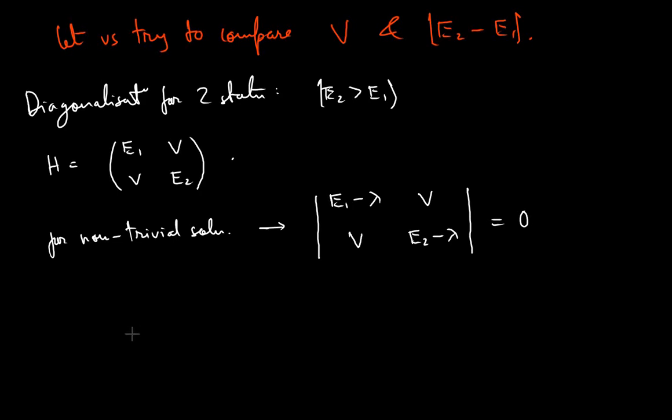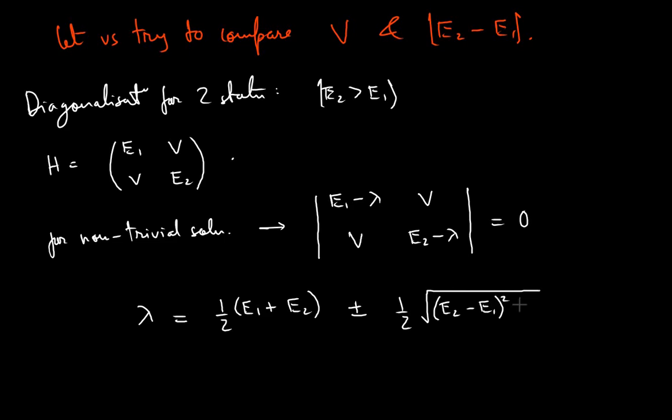And so this gives us basically lambda equal to half of E1 plus E2, plus minus half of the square root of E2 minus E1 whole square plus 4 V square, right?